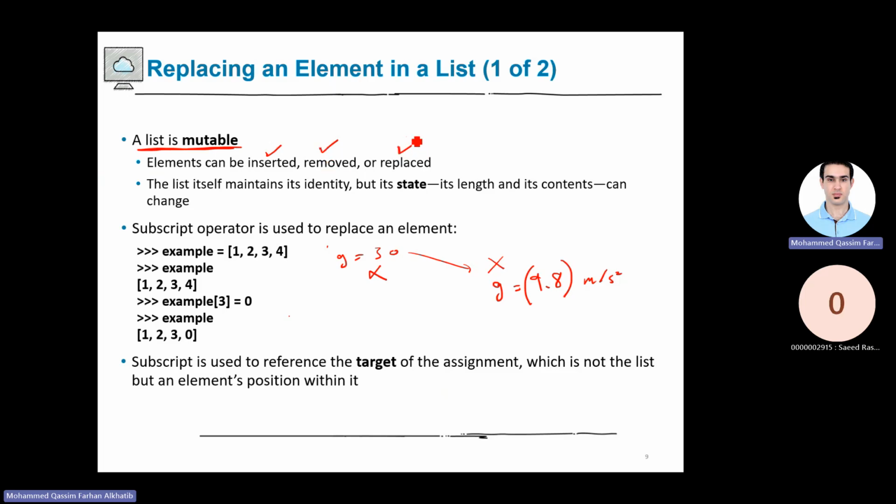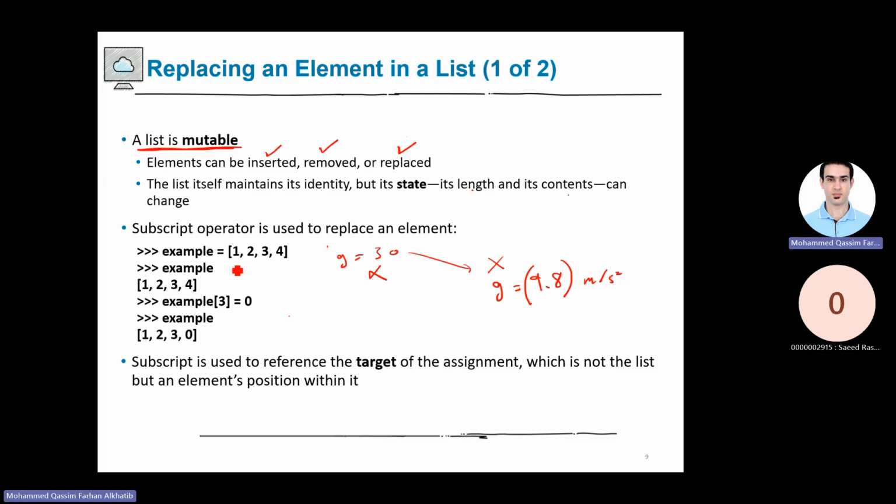Replace is the easier one. Once you know the index, greetings of a certain index equals the new value, and that's it. The list itself maintains its identity, meaning it remains a list with the same name, but its state, meaning the values and the length, will change.